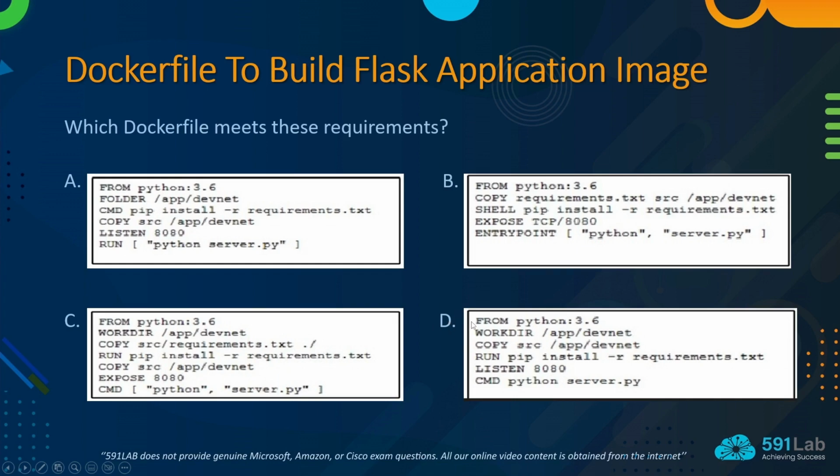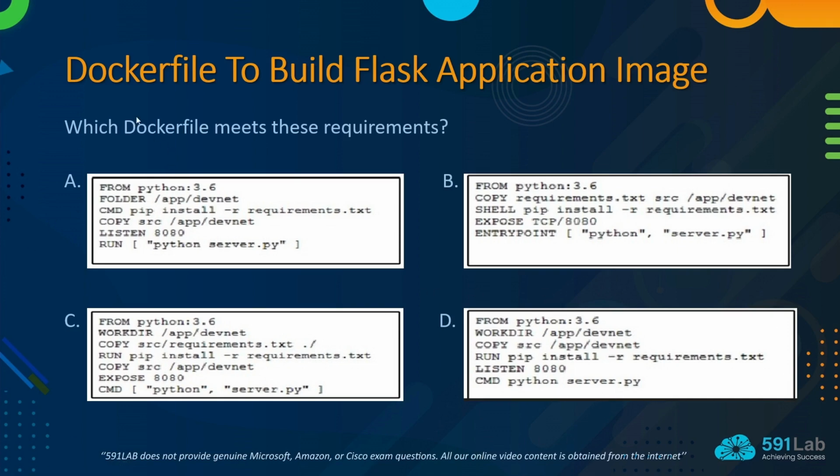The last one, answer D. From Python 3.6, use workdir to define the workdir, copy source code, run pip, listen 8080, use cmd to run the Python file.